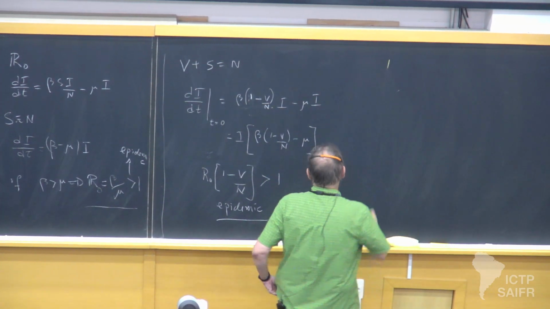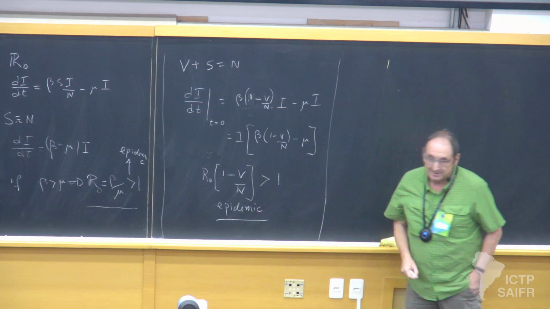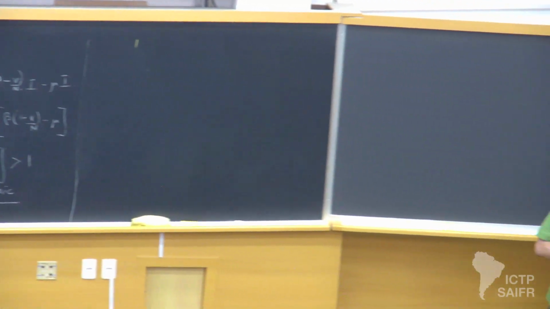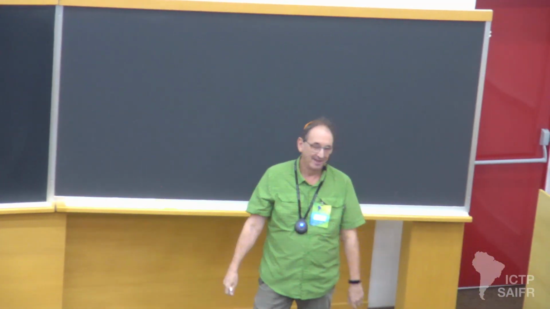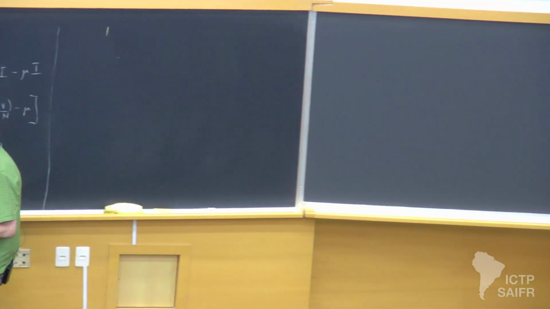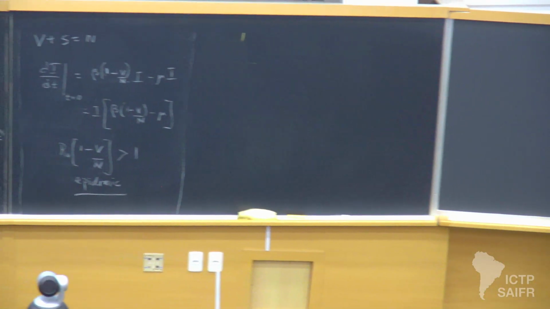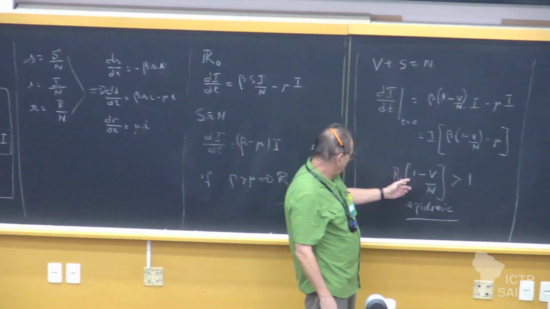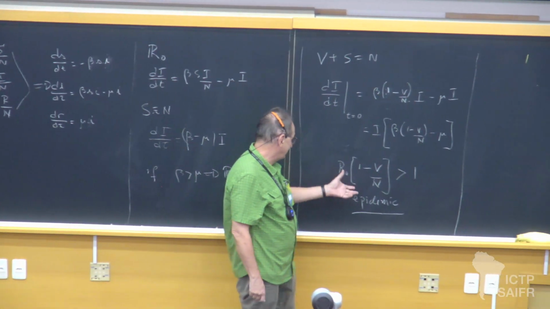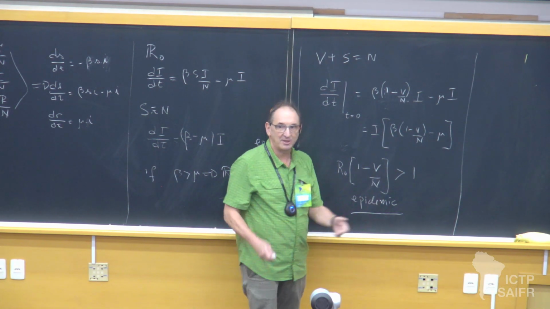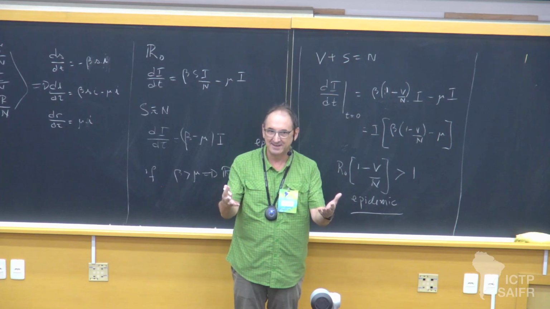So this can be thought of as a very simple model for herd immunity and vaccination. So say that all the immunity that you have in the population is due to vaccination, then you look at this product here, and you want it to be smaller than 1, so that you don't have an epidemic.